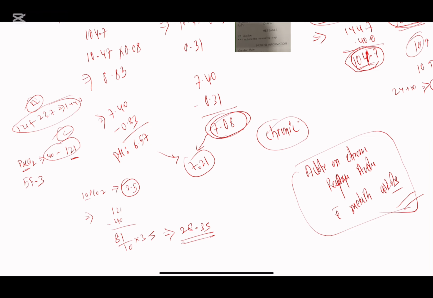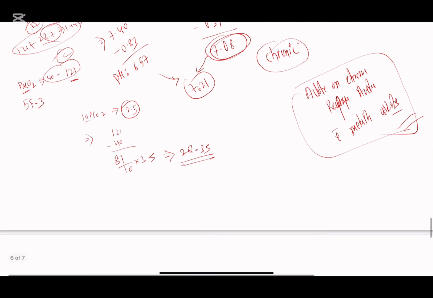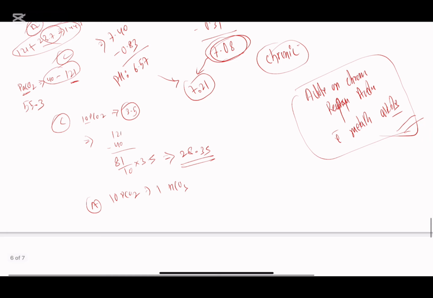And for the acute change we had 23.7: for every 10 change in PaCO2, 1 change in bicarb, so 2.37.